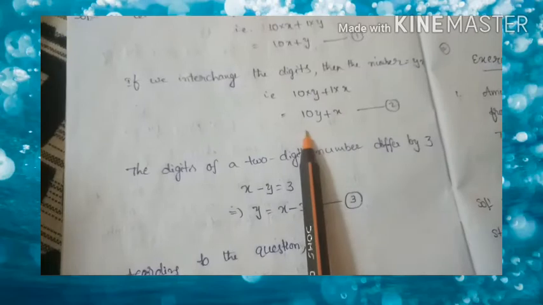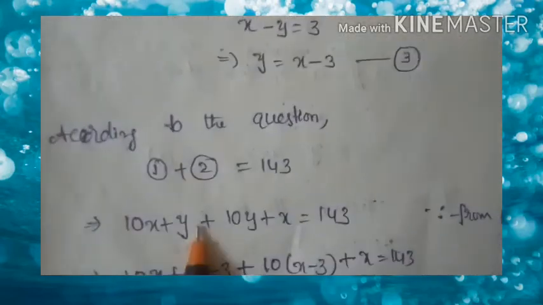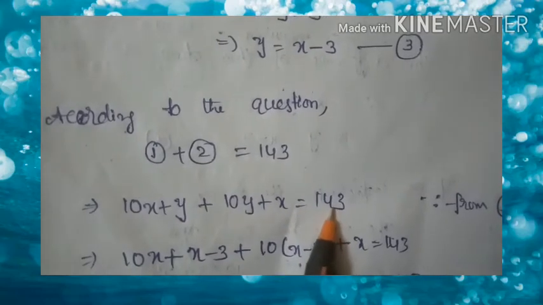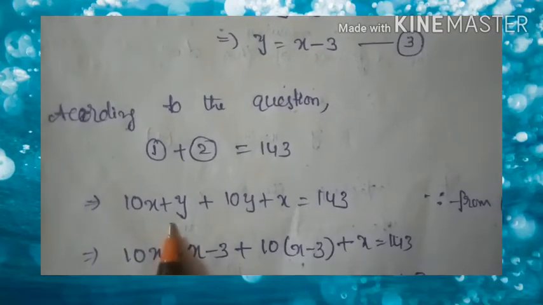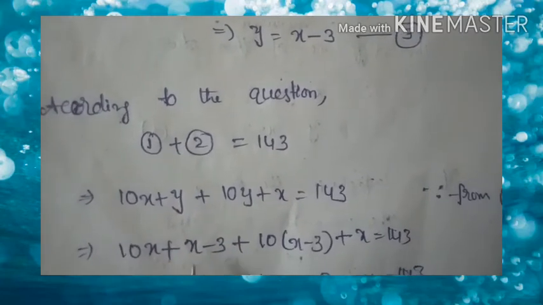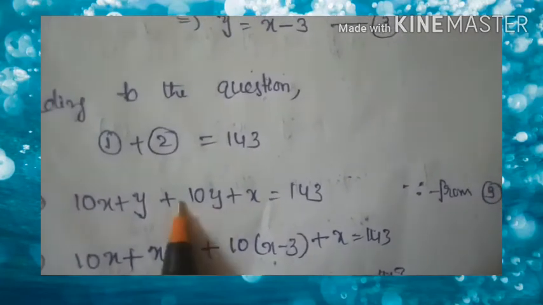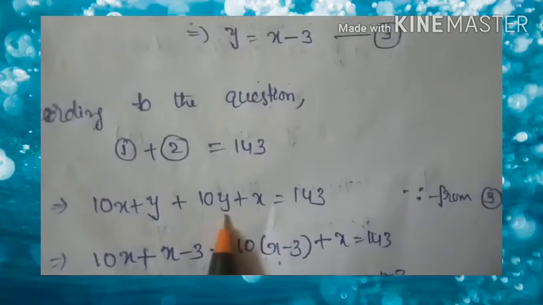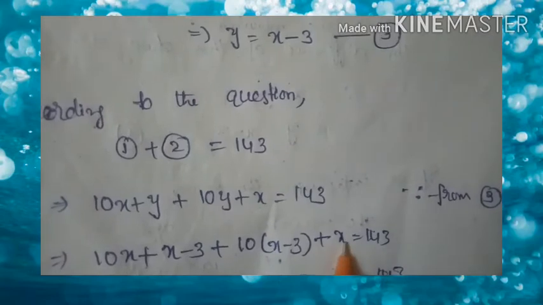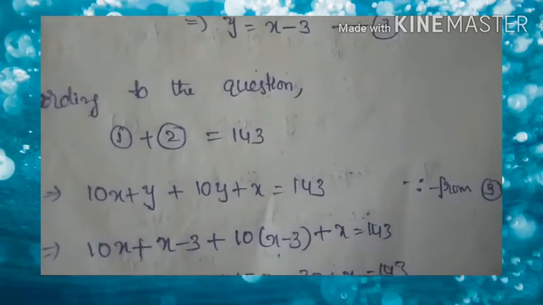And what is 2? 10y plus x. So 10x plus y plus 10y plus x is equal to 143. 10x plus what is y? x minus 3. Plus 10 into the value of y, x minus 3, plus x is equal to 143.